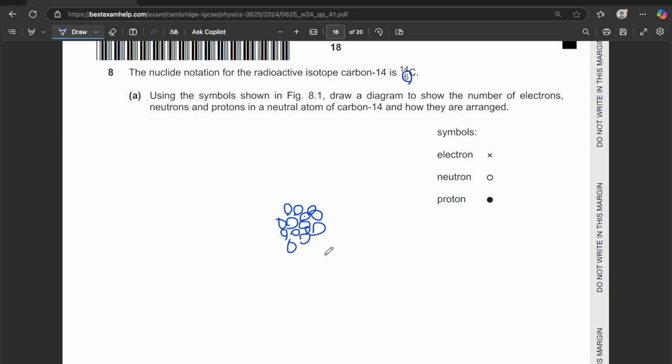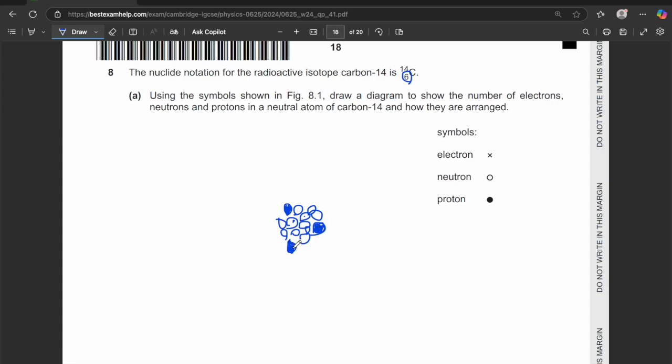So I can just color 6 of them. You have to know that protons won't be really close to each other. They have to be kind of separated, because they repel.